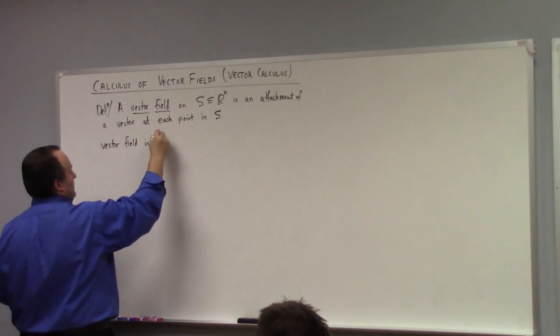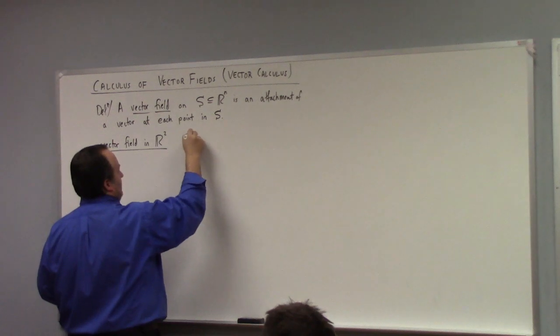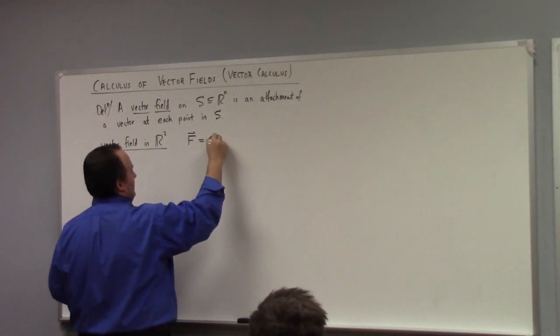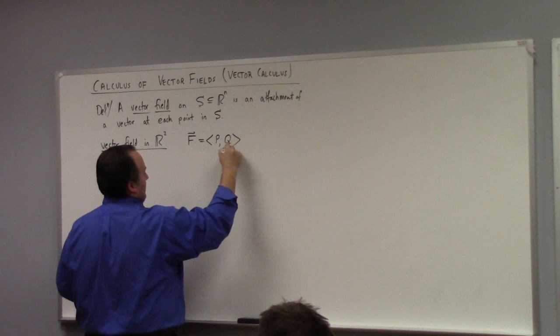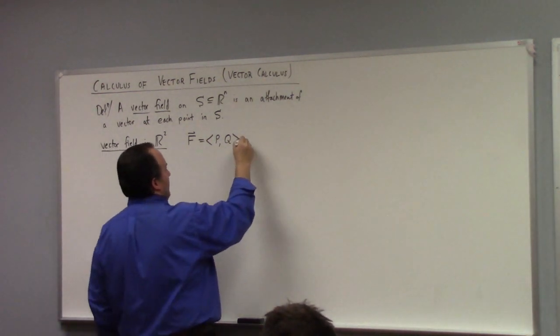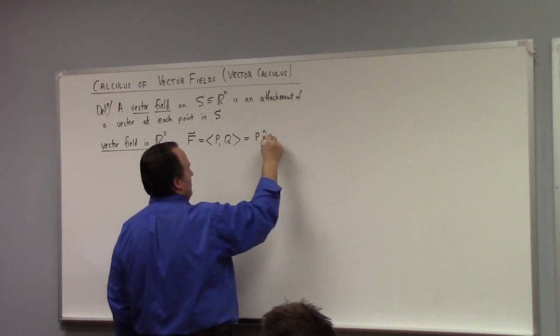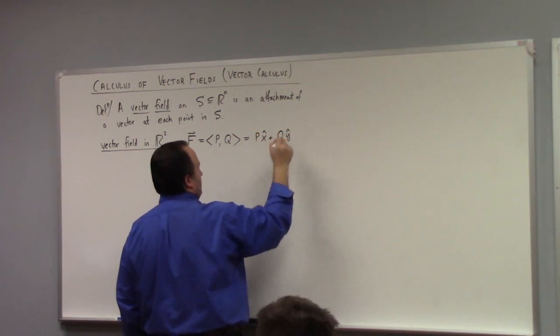in R2. A vector field in R2 would look something like F equals P comma Q, typical notation. But of course, you could also write this as P x hat plus Q y hat.